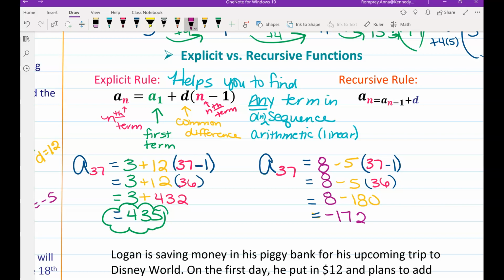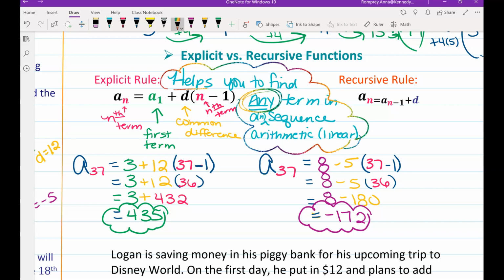So our 37th term in this sequence is -172. Okay, so explicit rules, again, what do they do? They help us to find any term of an arithmetic sequence. Okay, let's go ahead and bubble that in.